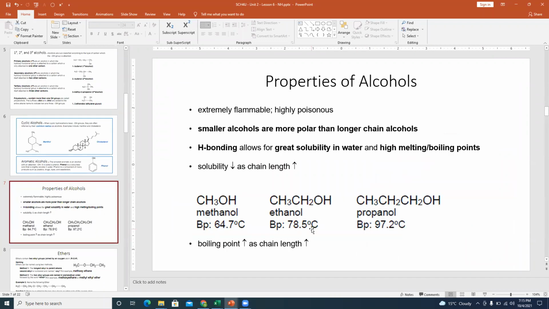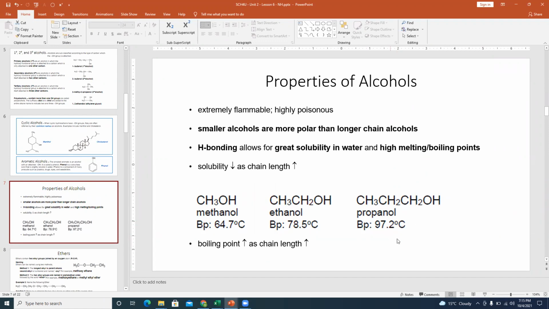And of course, properties of alcohols: they're extremely flammable, they're poisonous. And we talked about the importance of hydrogen bonding and the role it plays in solubility and how it affects melting point and boiling point.